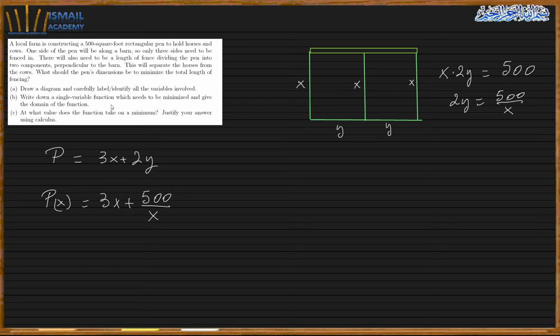So here is my graph for the first question. Write the single function. Give the domain of this function. So I'm going to find the domain. Of course it's not going to be 0 because we cannot have 0 length here. So the domain will start from 0, not included, and I need to make sure that x cannot go beyond the area.